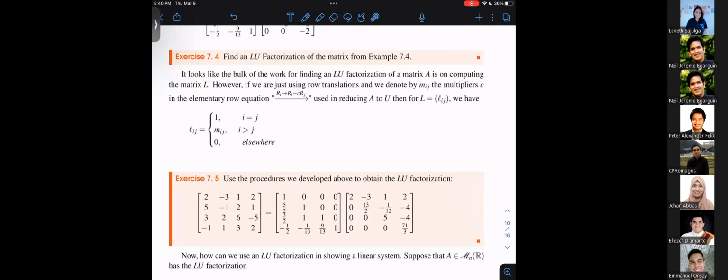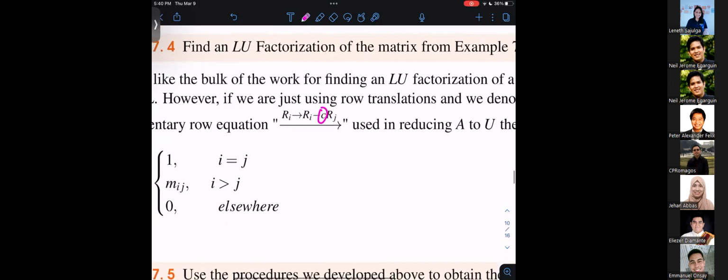So for instance, if you perform the elementary row operation R sub i being replaced by R sub i minus c R sub j, you just take note of the value of c, the scalar multiplier c. You call that m_ij.